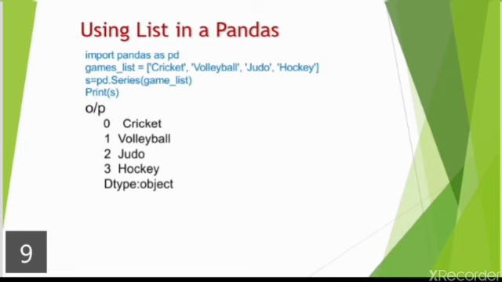Series is a function which creates a list. I have not assigned any index here, but by default in the output it has taken 0, 1, 2, 3. The data type is object. The objects are cricket, volleyball, judo, hockey. So using Pandas you can get this in tabular form.